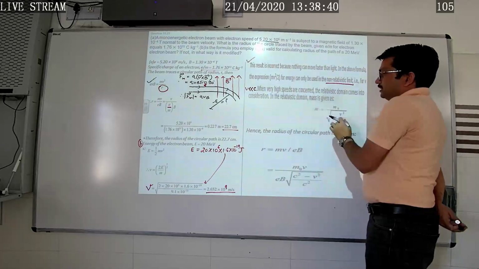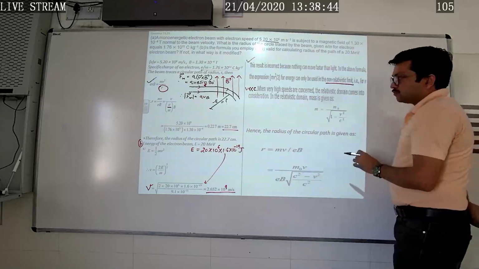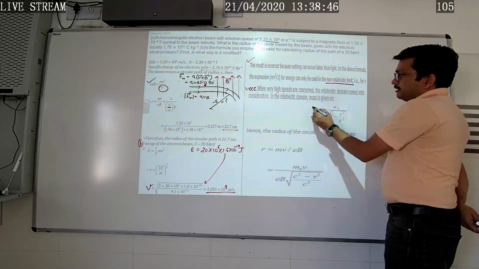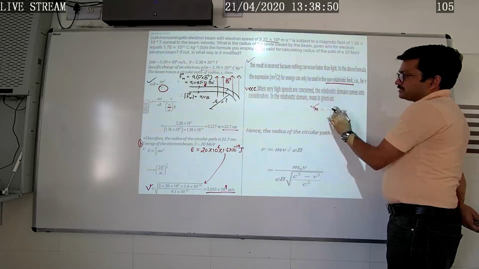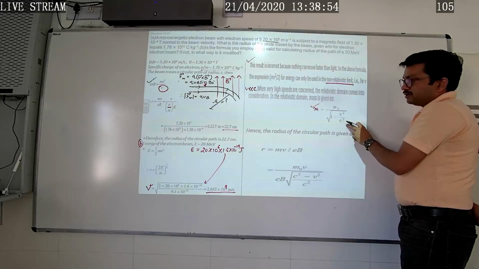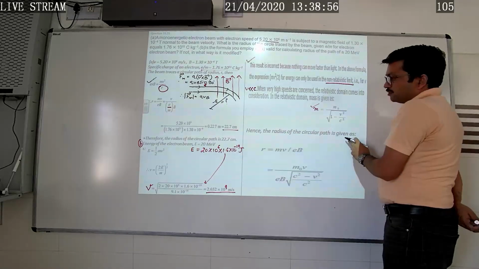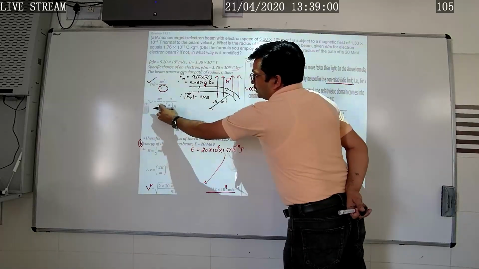Then the formula we can employ to calculate the radius of the circular path is the relativistic mass formula, that is m equals m naught over square root of 1 minus v square by c square. Hence the radius of the circular path will be r equals mv over eB.